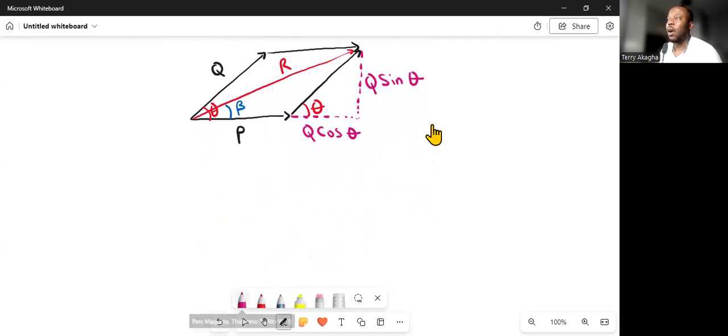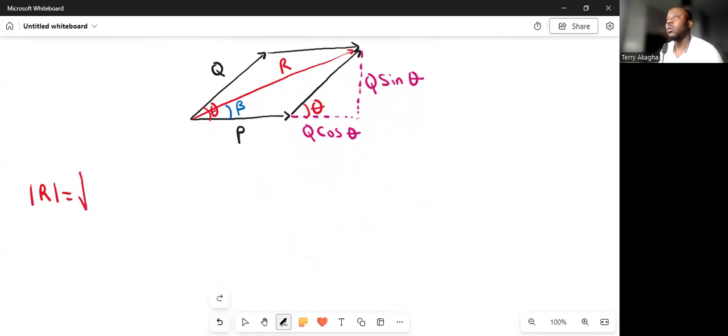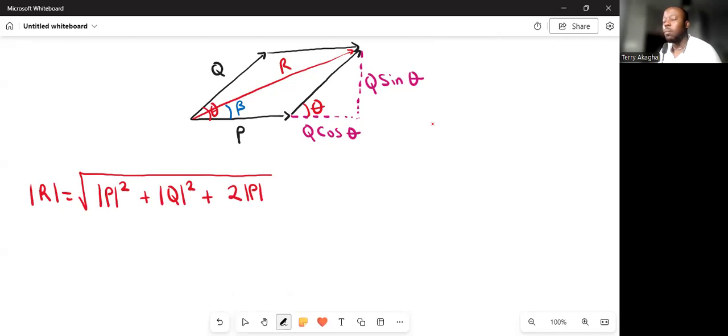The magnitude of R will be equal to the square root of the magnitude of P squared plus the magnitude of Q squared plus 2 times the magnitude of P, the magnitude of Q cos theta.